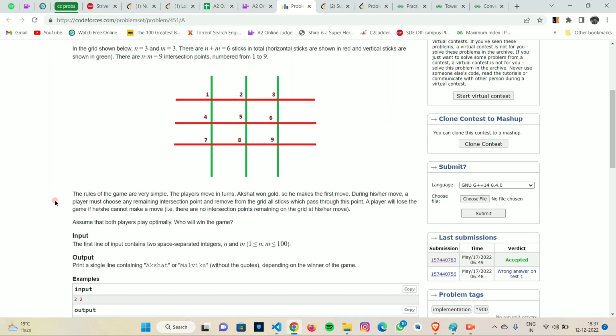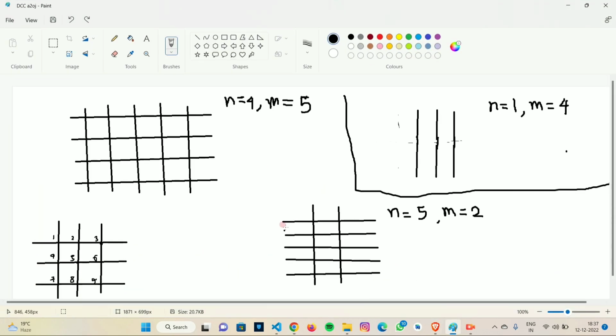It is given in the question that both players play optimally. Now check this example. Here the number of horizontal sticks is 5 and the number of vertical sticks is 2. In move number 1, let's assume that Akshat picks this intersection point and removes these two lines.